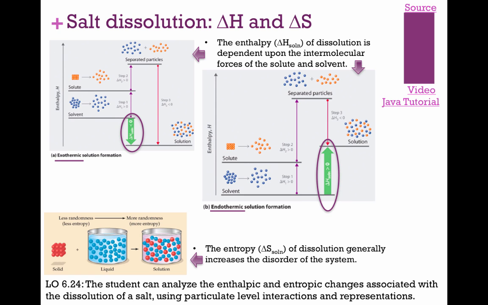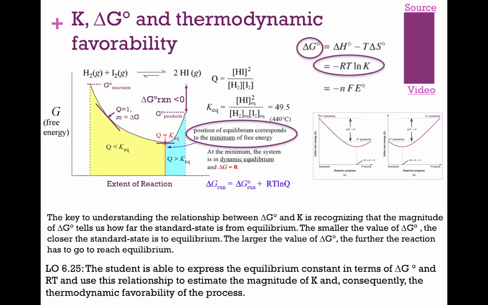When you form a solution, you are increasing disorder. And then finally, when it comes to favorability, you can relate energy and equilibrium by using delta G equals negative RT ln K. All right, that's on your equation sheet.